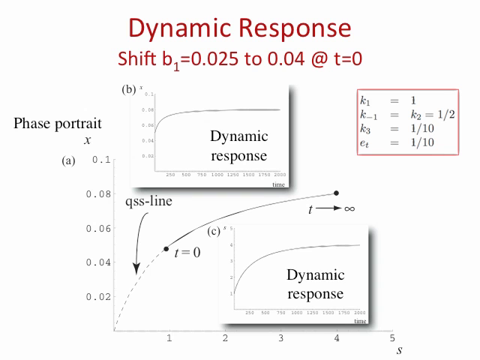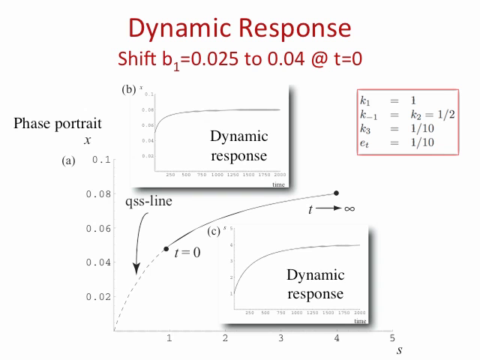Panels B and C show the dynamic response of the substrate in panel C and the intermediate X in panel B. The phase portrait in the background shows a curved line or a curved trace which corresponds to the quasi-steady state equation that we saw in chapter 5 when we looked at the Michaelis-Menten mechanism applying the quasi-steady state assumption.